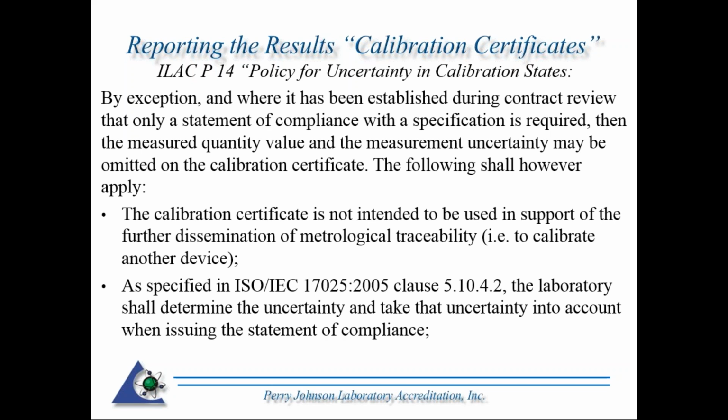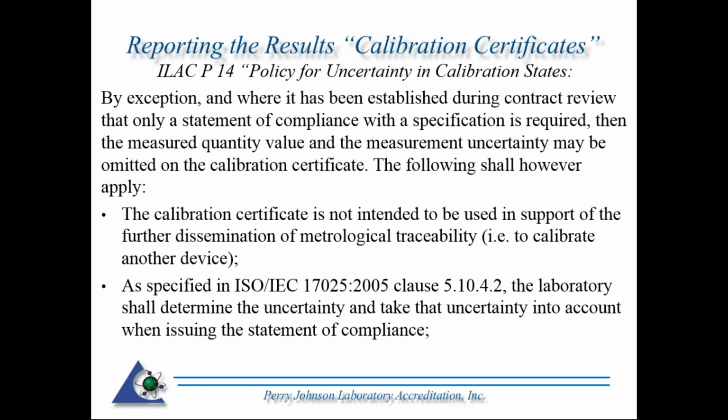The following shall, however, apply. So right here it's stating that it needs to be reviewed during the contract review process. Again, we PJLA will be looking for objective evidence when we're doing assessments. However, when the following conditions apply, calibration uncertainty needs to be reported.